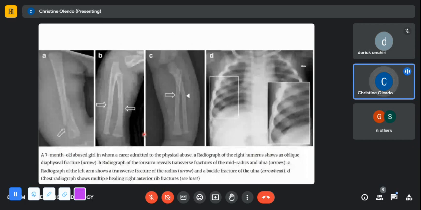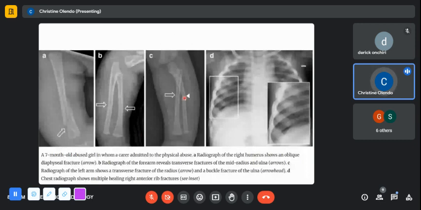And then in image C, this is of the left arm, it shows a transverse fracture of the radius and a buckle fracture of the ulna. And then on the chest radiograph, you see anterior rib fractures, which are shown here.